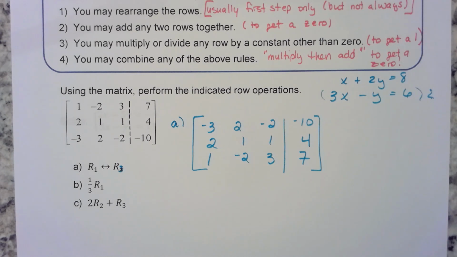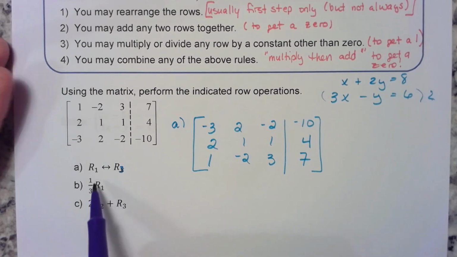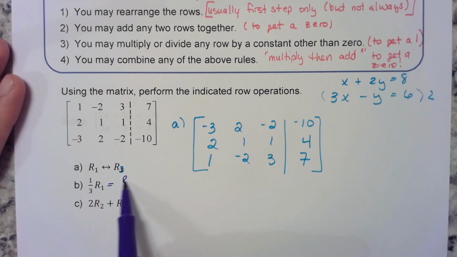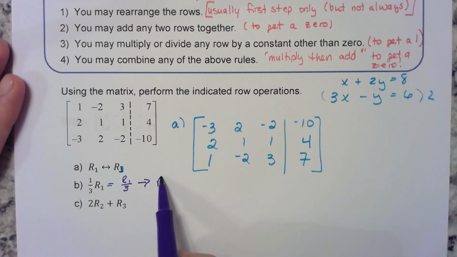Literally, just switch them. So part B says to find 1/3 of row 1. Usually there's a little bit more to this row operation. So 1/3 of row 1 is really the same thing as row 1 divided by 3, if you like to see it in that form. This gives us a new row 1. This is your row operation right here.